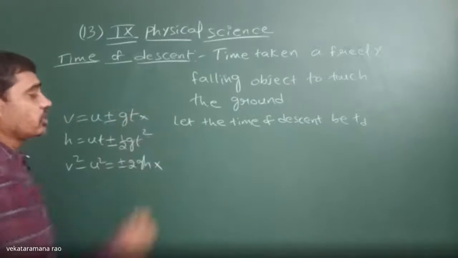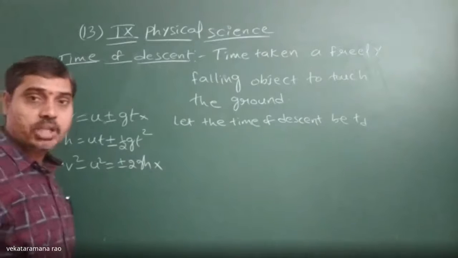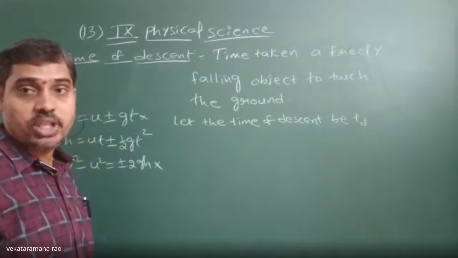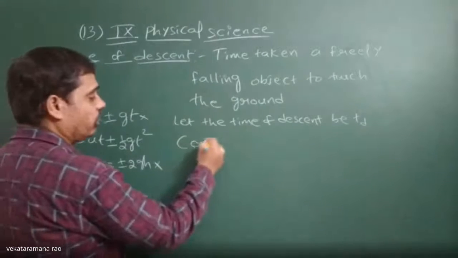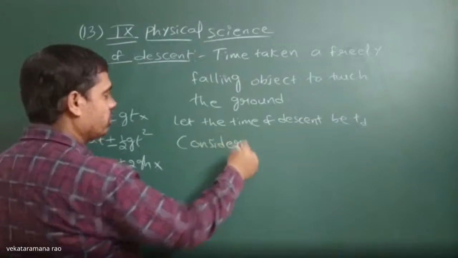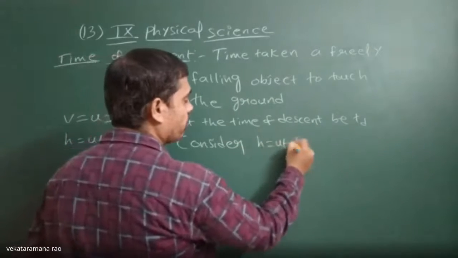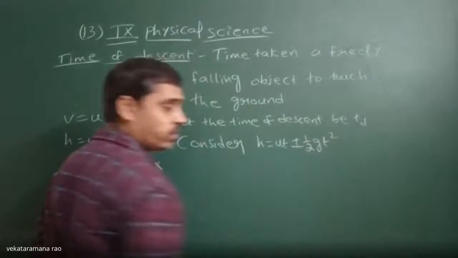So v is unknown for us. So what can we consider? Consider h is equal to ut plus or minus half gt square. This we have to consider.